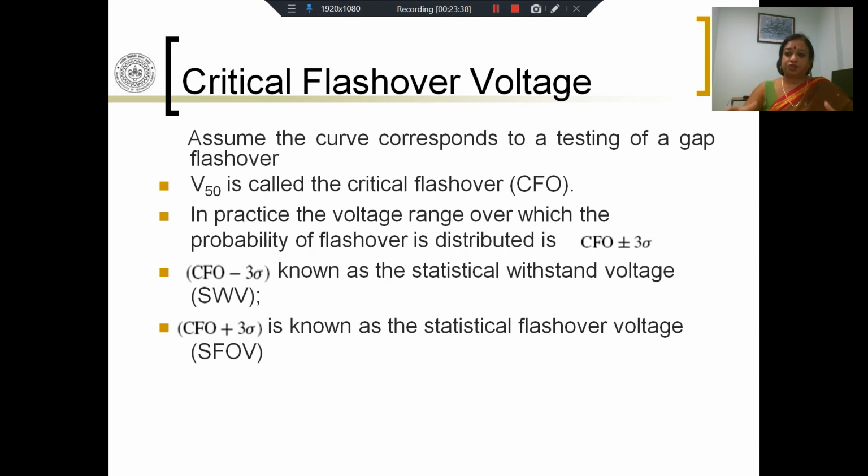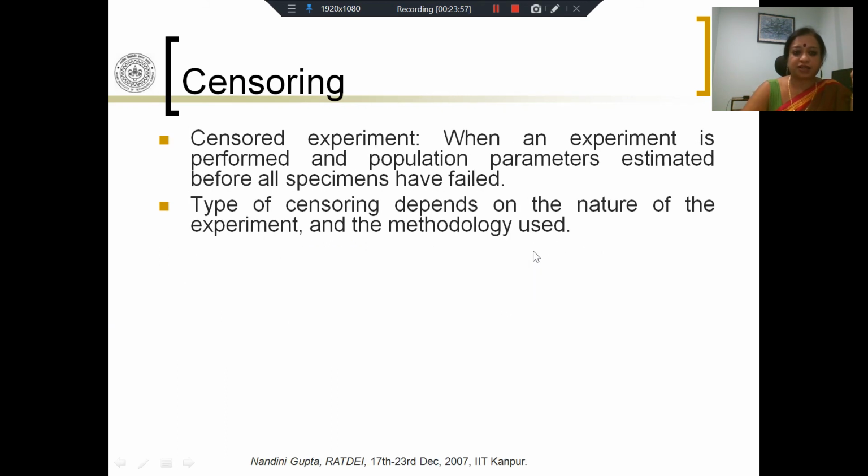And we would like to have a distribution where the statistical withstand voltage has a very low probability of flashover, whereas the statistical flashover voltage also has above it a very low probability. As we have seen, it can be defined as 0.13% and 0.2%. We have already defined that.